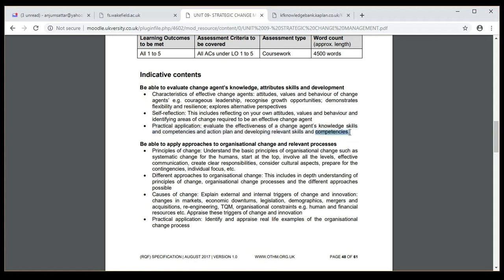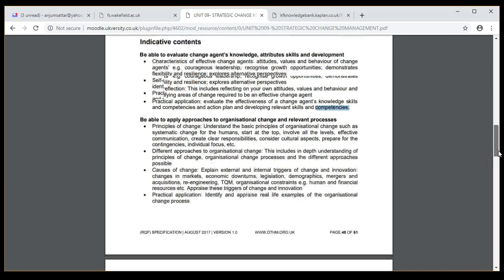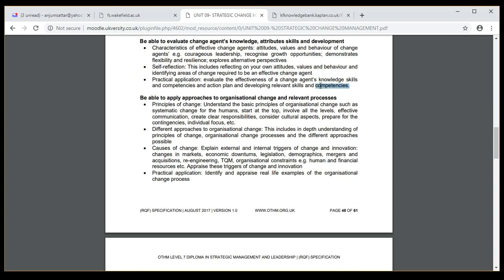Skills to do the job. Good. So capability is the ability to do something. Competencies mean you're competent, you're very efficient in those areas. We come with the experience. That's why the organization wants some experience, some skills, some abilities.